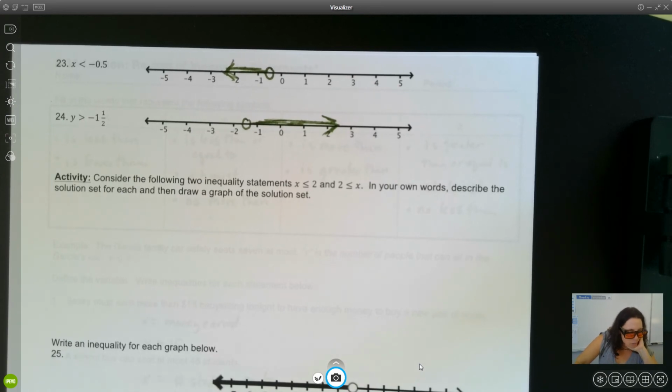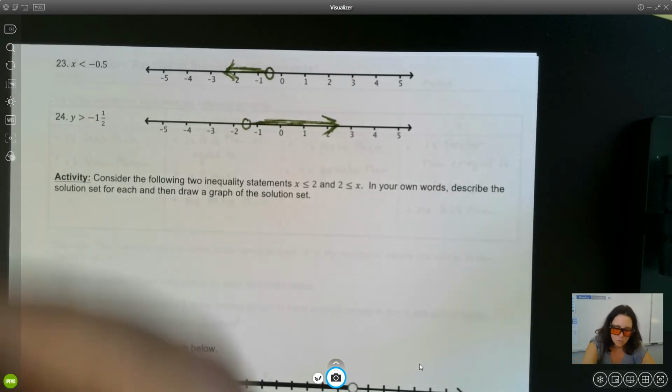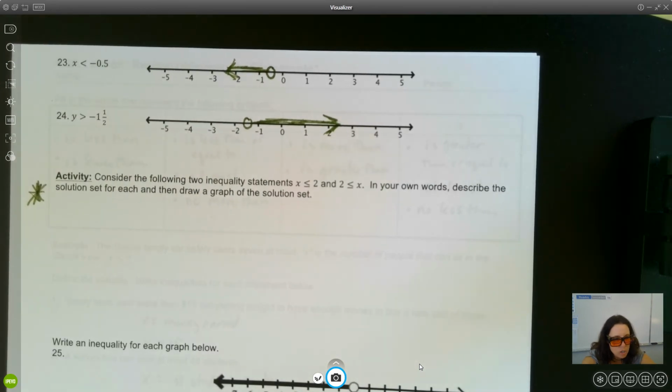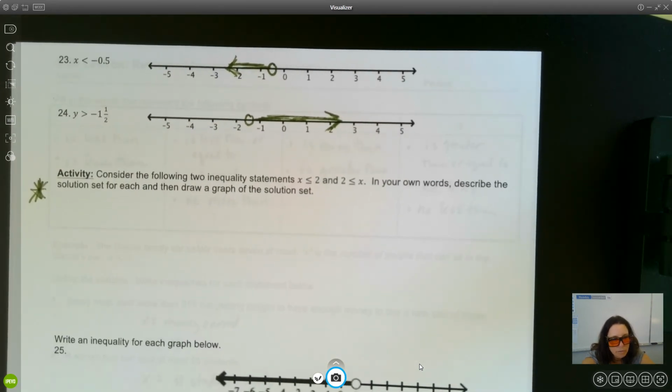Activity. Consider the following two inequality statements. In your own words, describe the solution set for each, and then draw a graph for the solution set. Okay, this is really important to understand for this section 3 in this module 4.